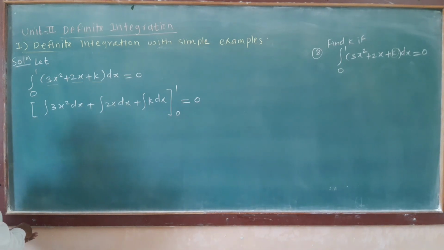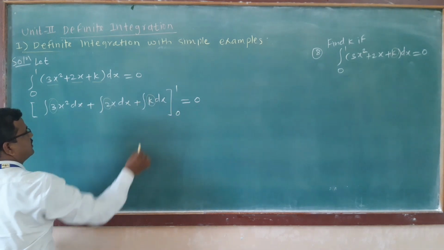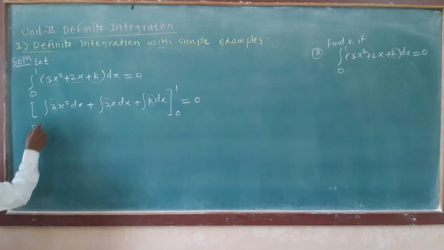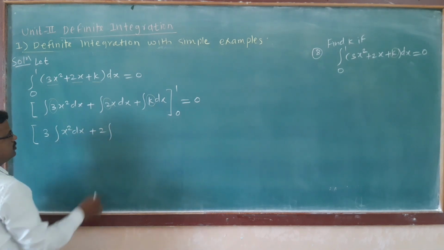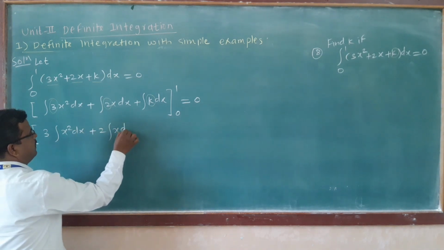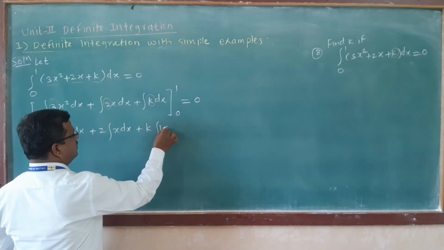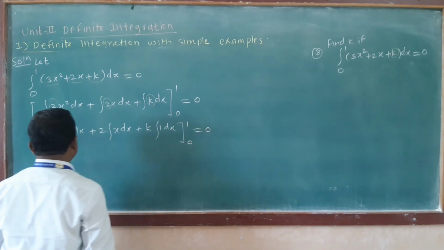Now 3, 2 and k are constants, take outside the integral sign like this, 3 into integration of x square dx plus 2 into integration of x dx plus k into integration of 1 dx within the limit 0 to 1 is equal to 0.